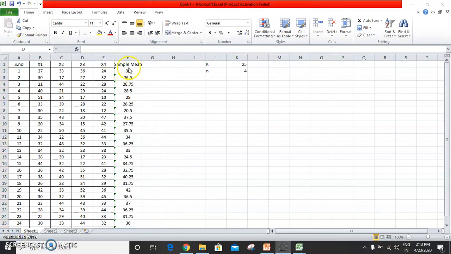So after finding out the sample mean, which we also called an x bar value, we will now try to find out the standard deviation value for the given sample.